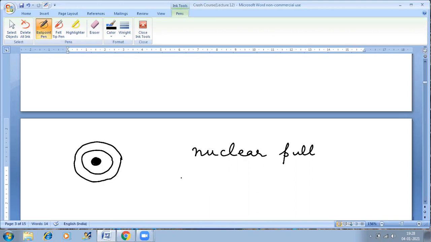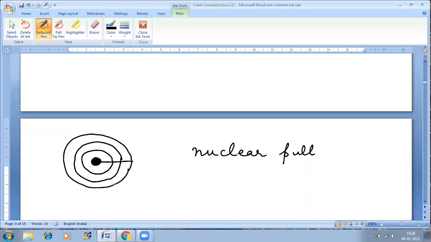So if I increase the number of shells, let's say if I have many shells, definitely the size will go up because size refers to the radius. How is the radius measured? The radius is measured from the center of the nucleus to the extreme shell, that is the valence shell.